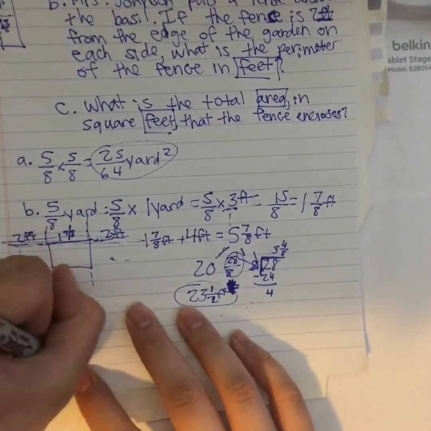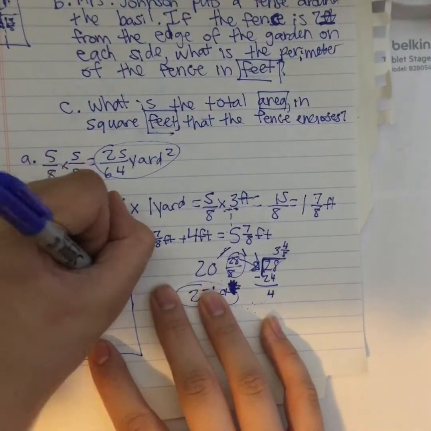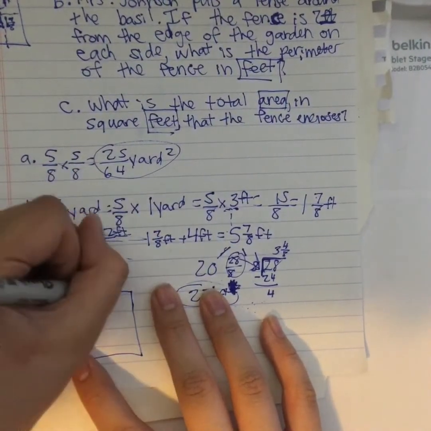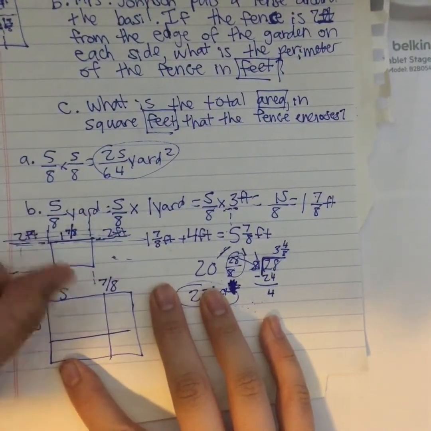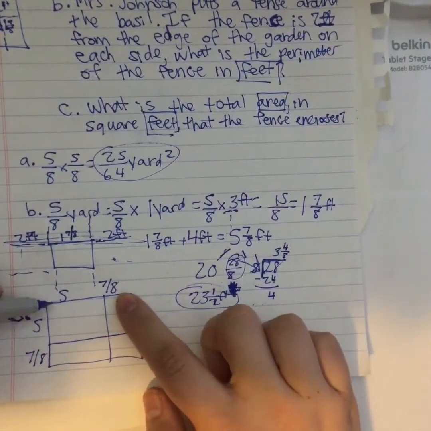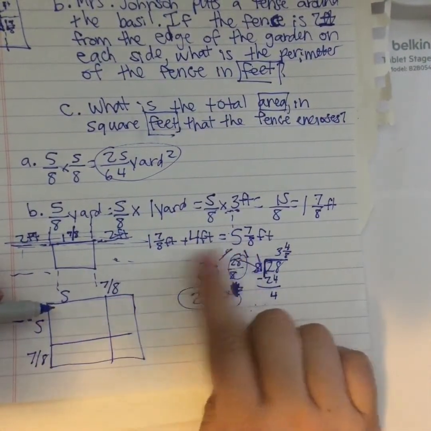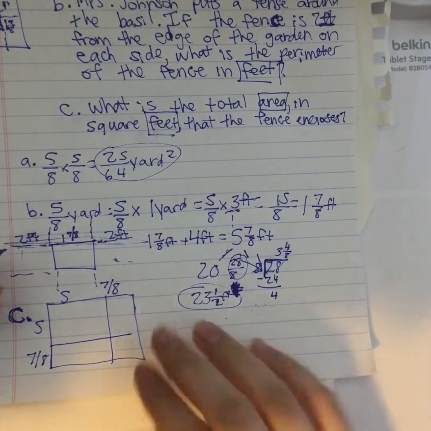So our length and our width are 5 7/8. Now, just like before, if you want to do this as the standard algorithm, turning these into an improper fraction, then multiply across the numerator and multiply across the denominator, that's a perfectly fine strategy to use.